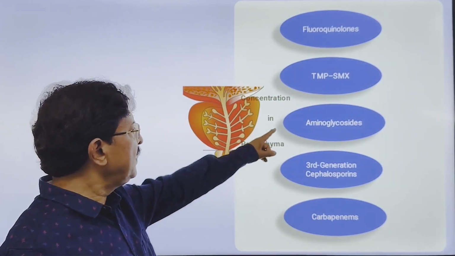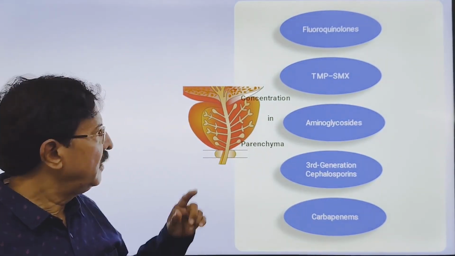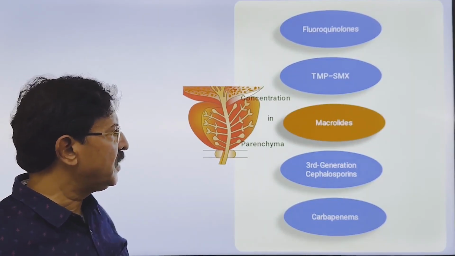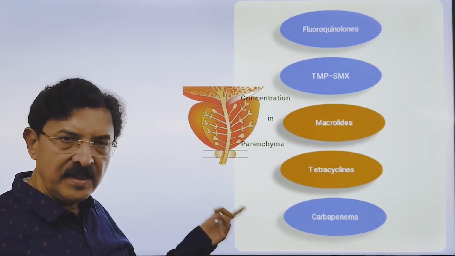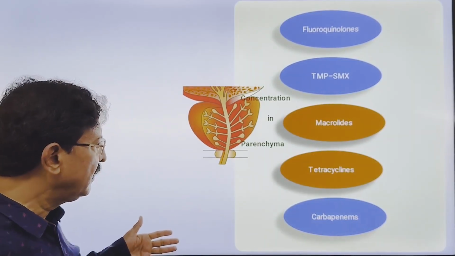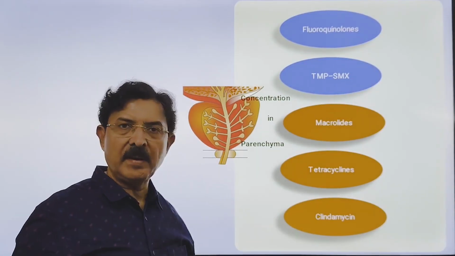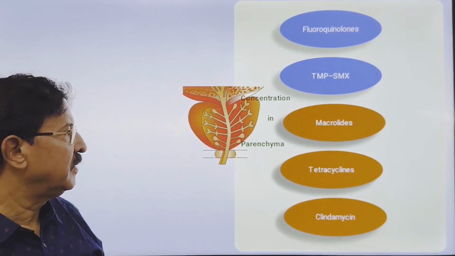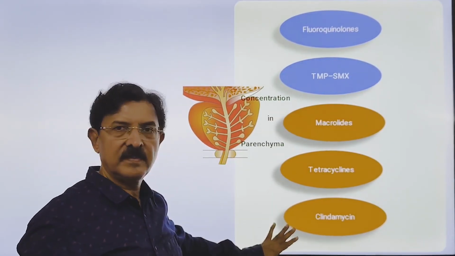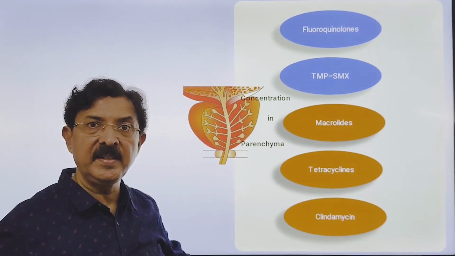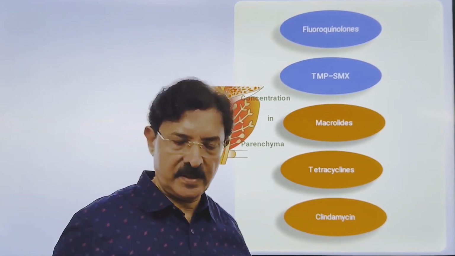In place of these 3 antibiotics, we have macrolides, tetracyclines, by which I mean doxycycline, and then in place of carbapenems, clindamycin. So don't use those 3 antibiotics when you are treating chronic prostatitis.